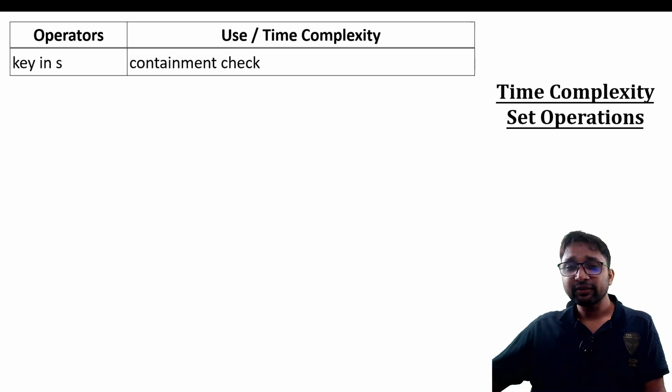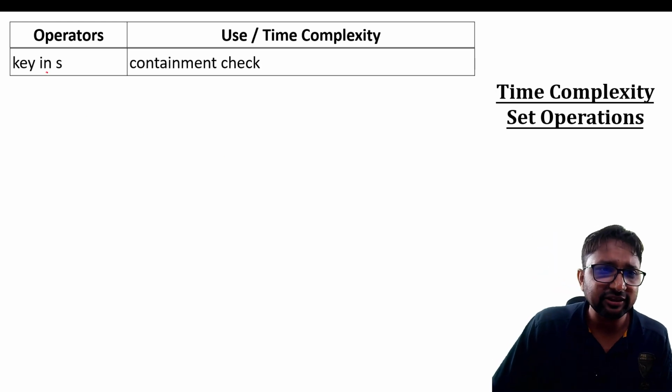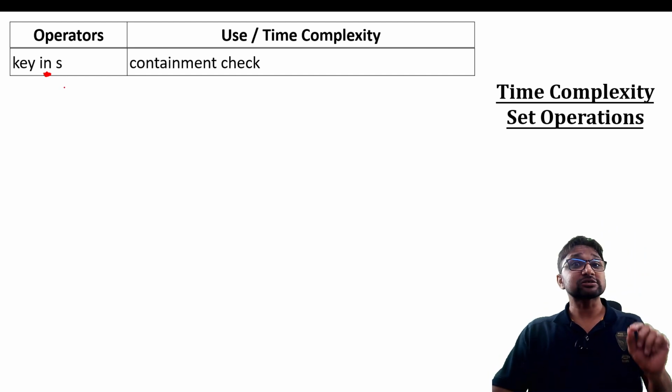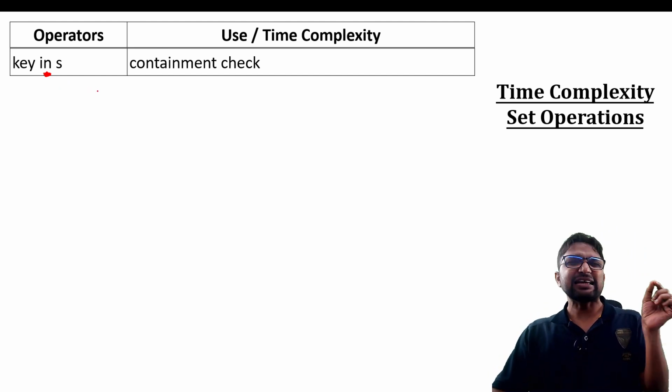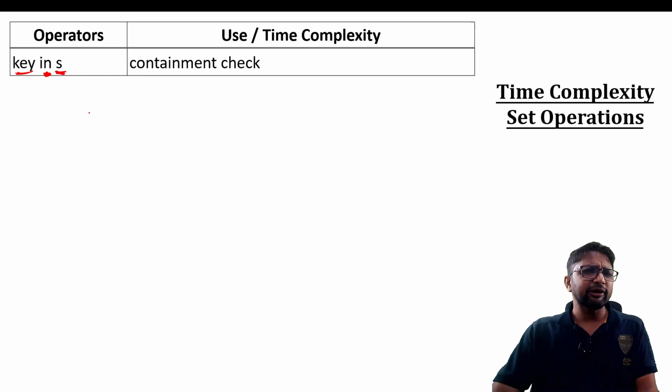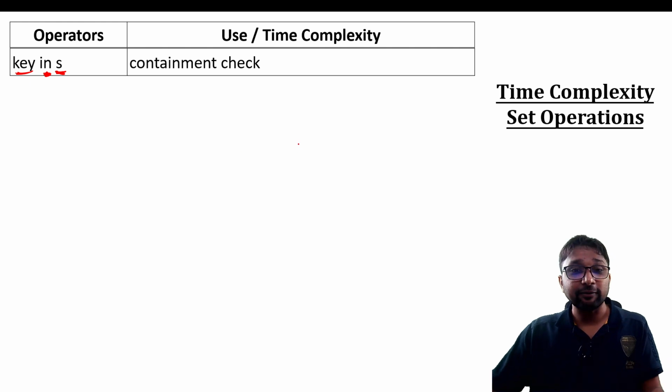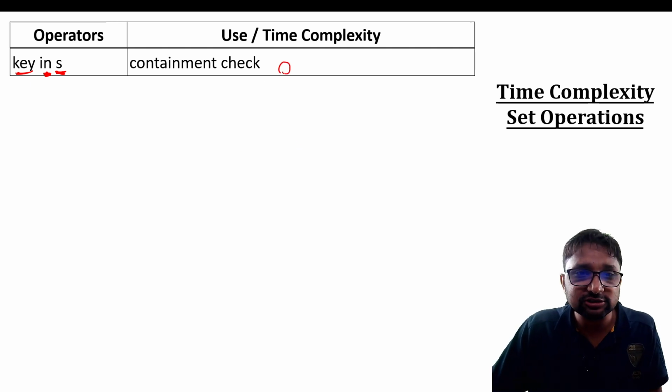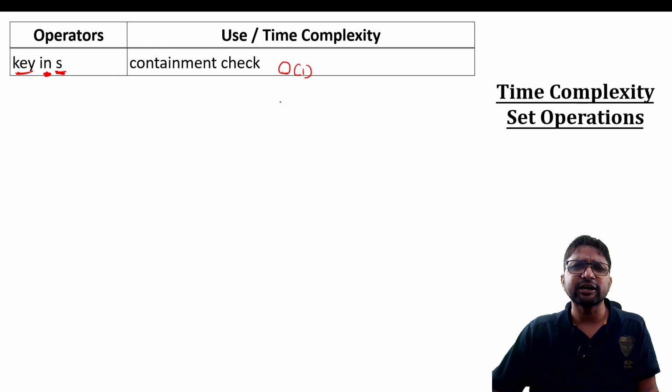Starting with the in operator, which is used for searching an element inside the set. Here we are searching this key element inside the set S. How much time will that take? That will take constant time. Why is that taking constant time?